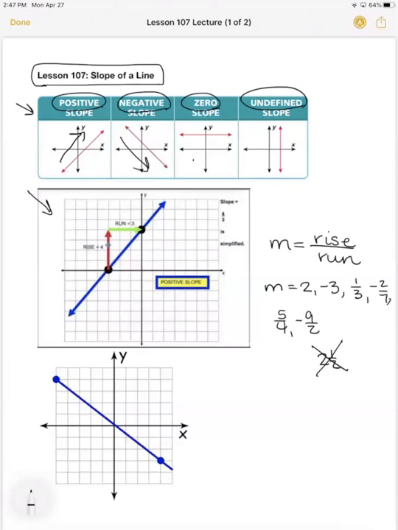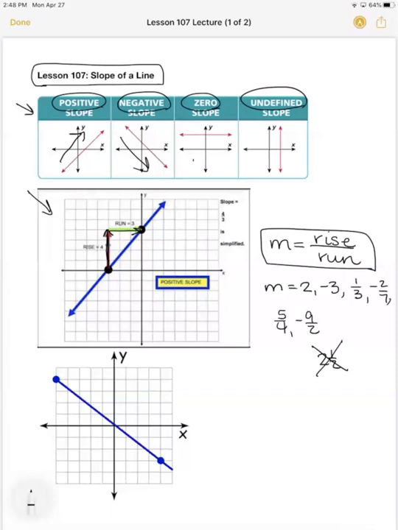Now let's talk about what this rise over run is. What you do is you pick 2 points that are on your line. They have picked these 2 black points. Then I always start at the lower point, and I rise straight up vertically until I'm in line with the second point, and then I run to the right or to the left, depending on which way I have to run to get to the second point.